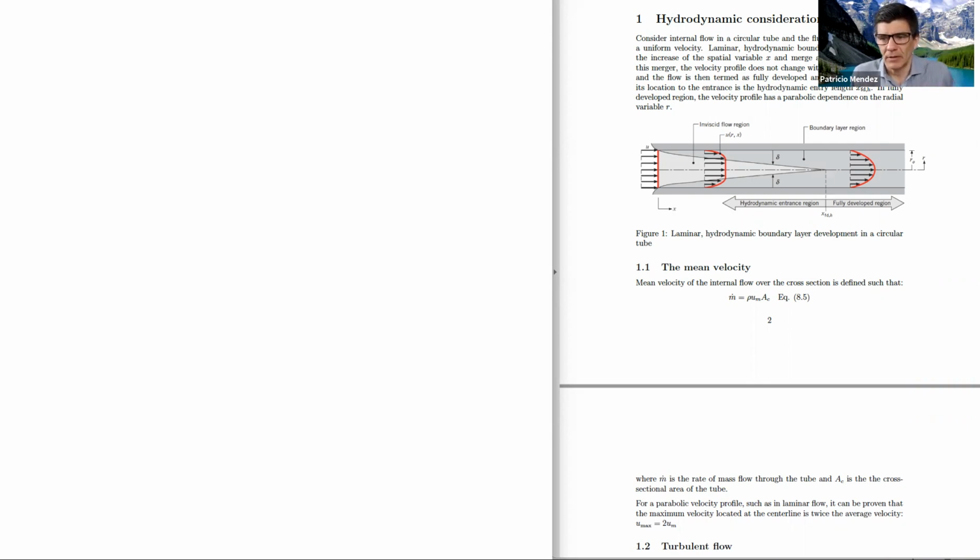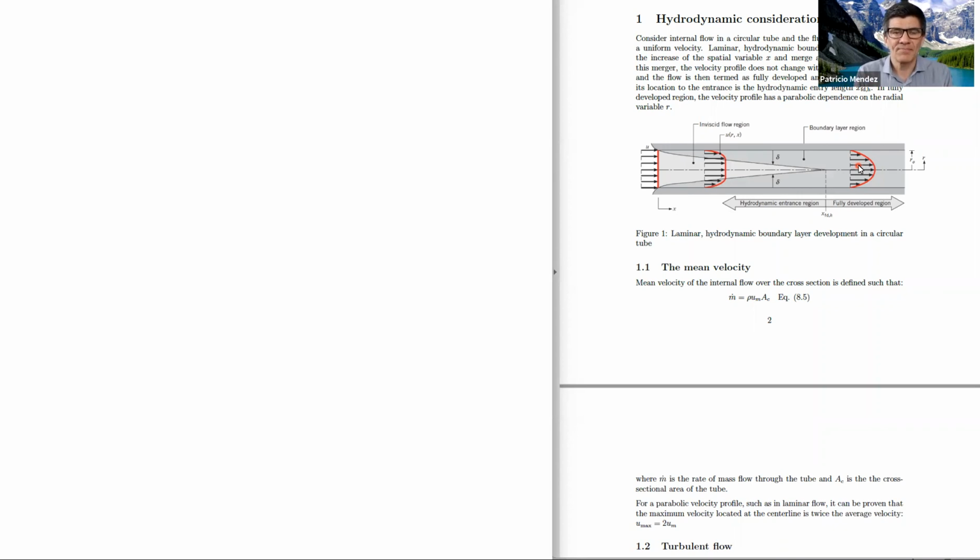In this schematic, we see how the fluid gets into a tube and a boundary layer starts to form on one side of the tube, and on the opposing side the boundary layer also starts to form, and they get to a point where the two boundary layers collide. This region in which the boundary layers are developing is what we call the entry region. And when the two boundary layers have collided, we call this the fully developed region.